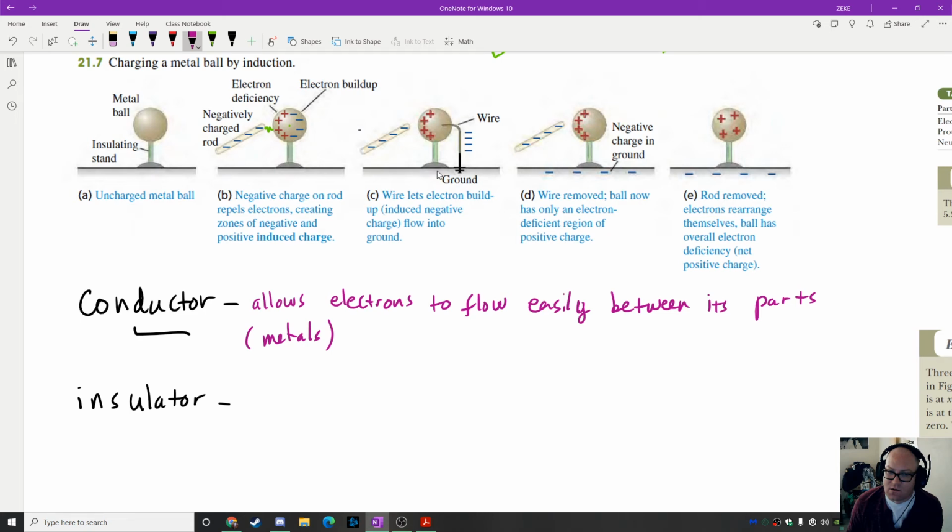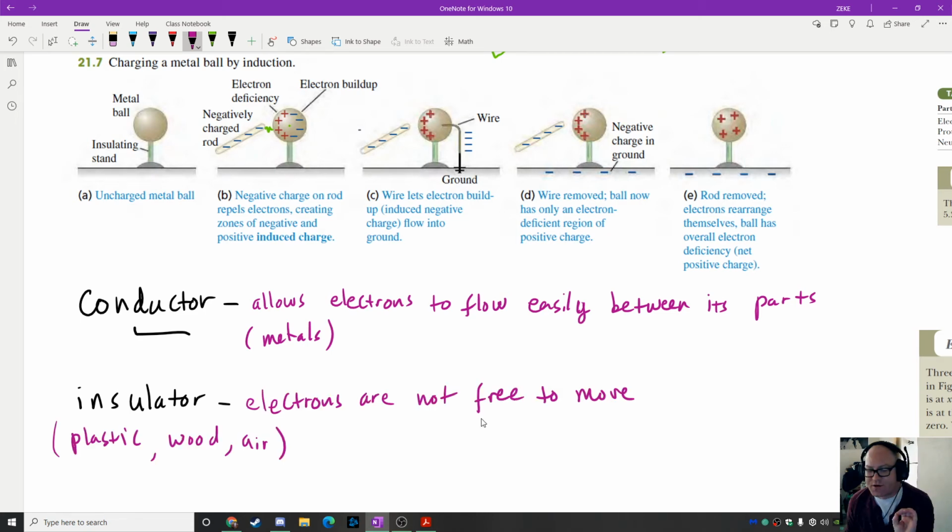Semiconductors can have their conductive properties altered by the addition of other types of things. So if you take silicon and you do a process called doping, where you add other types of material to it, you can alter its conductive properties.